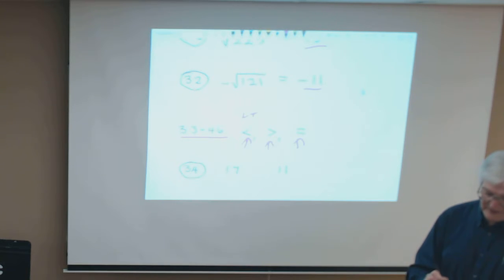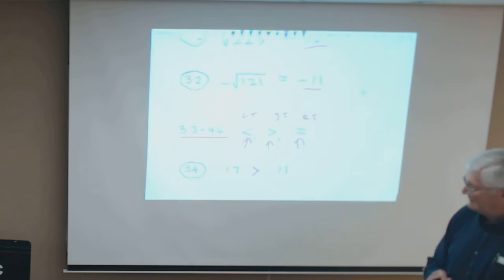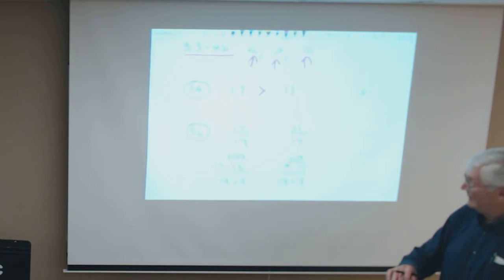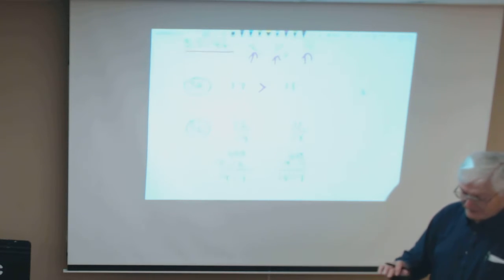How do you read the second one? Greater than. And how do you read this one? Equal to. So is 17 less than, greater than, or equal to 11? Greater than. Everybody see how it works? See what's going on? Let me put it up higher. There. Everybody see what's going on?